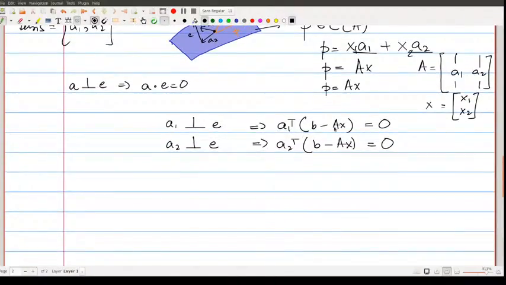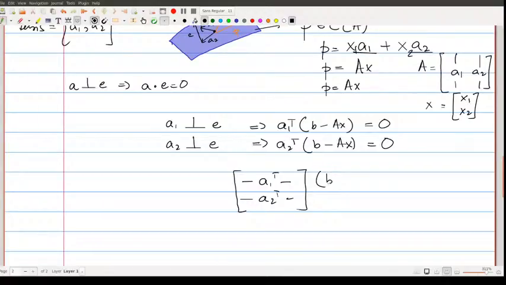Notice that A1 and A2 were the columns of A. A1 transpose and A2 transpose will really be row vectors now. So I can write this equation with A1 transpose, which is a row vector, and A2 transpose, which is a row vector, in matrix form. That's the first two equations written down. And the second component is the same, which is B minus AX, right?